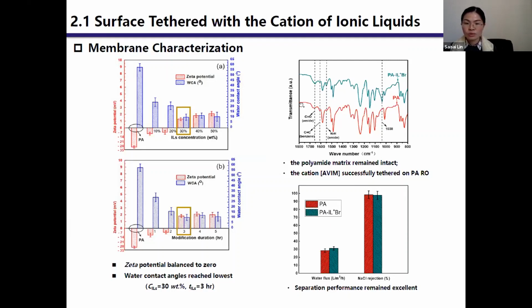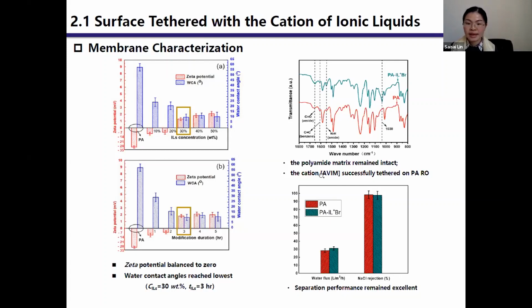And when we also did the FTIR, you can see that the whole polyamide matrix peaks remained, and especially at 1038, the typical peak for the imidazoline could be found.